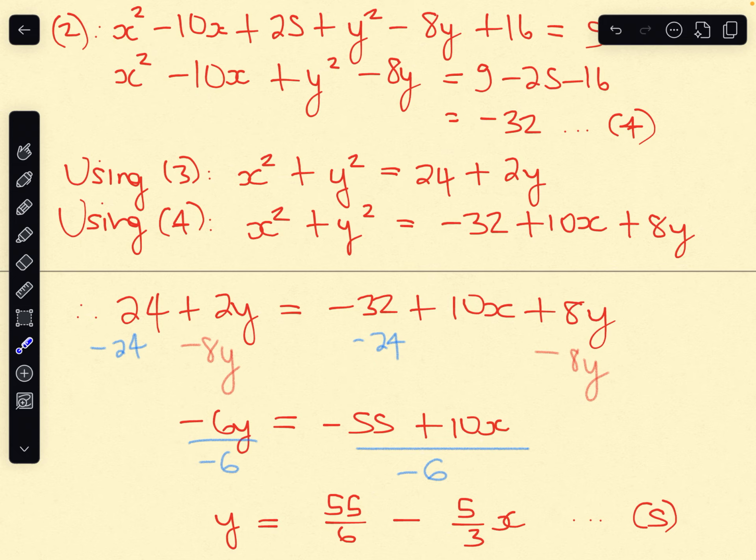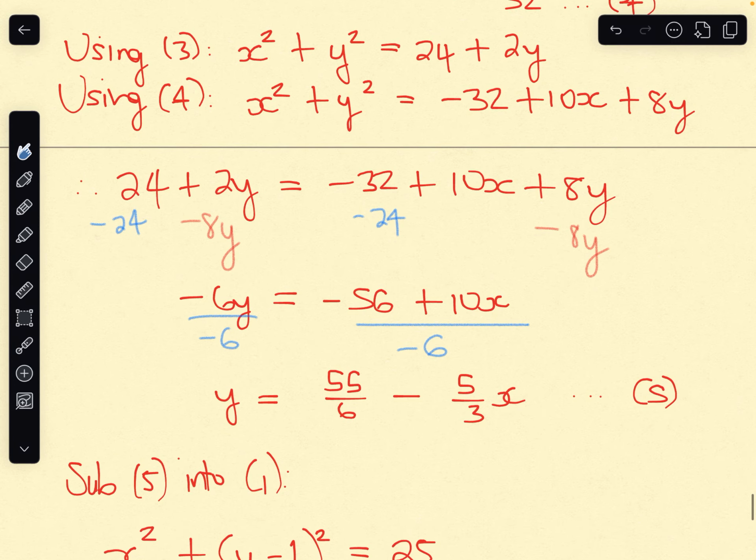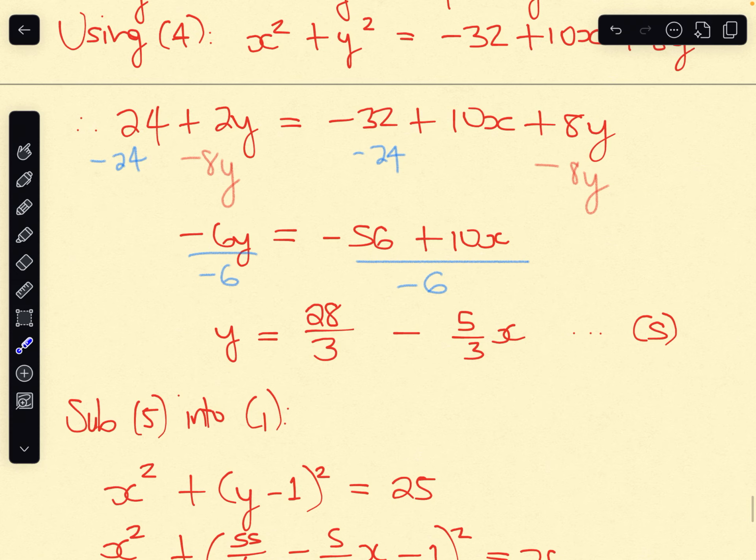This one would be minus 56, and 56 over 6 simplifies to 28 over 3. So y is equal to 28 over 3 minus 5 over 3x.